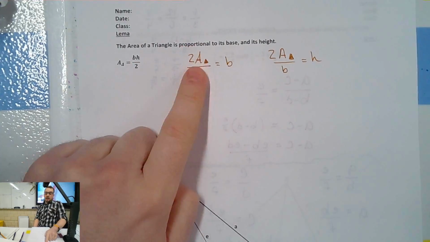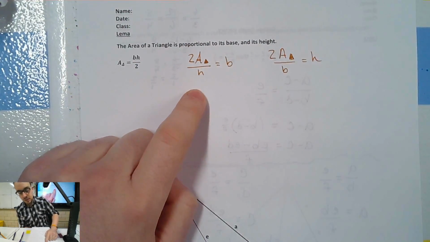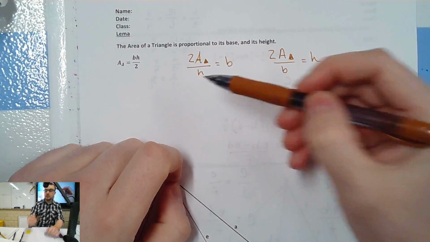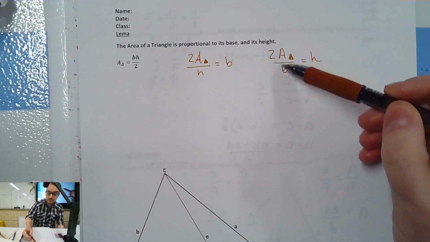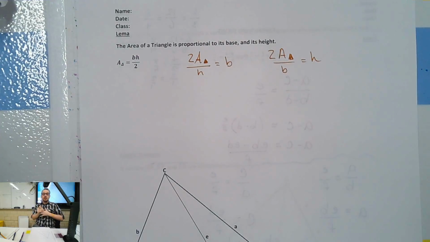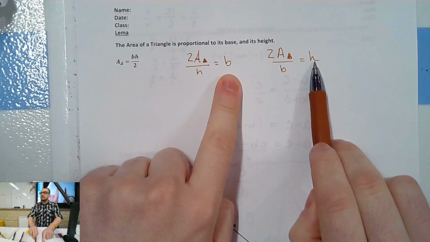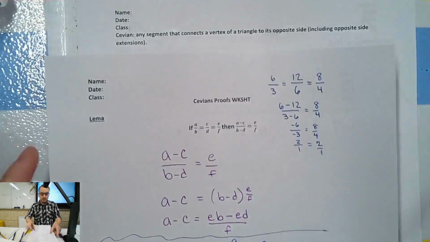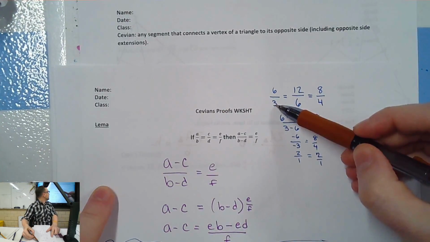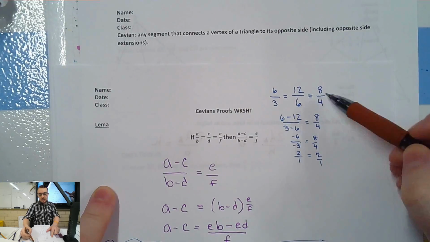So the area is proportional to its height, right? They're related. See how the area is related to the height? And the area is also related to its base, right? And how they are related is this. So, we said earlier, 6 and 3 relate the same way that 12 and 6, the same way that 8 and 4 do.